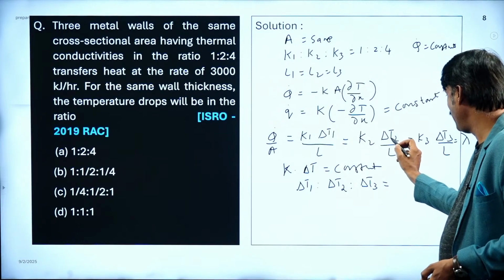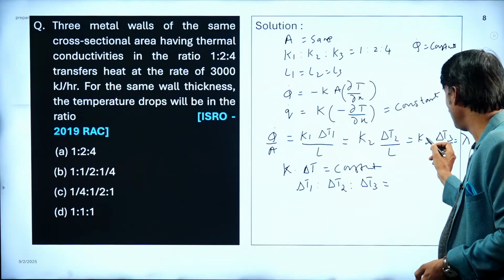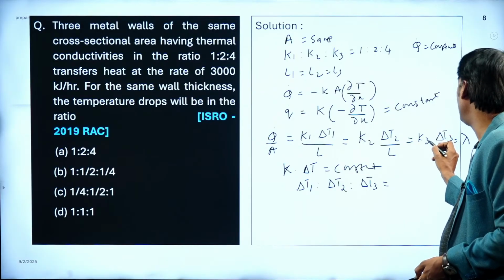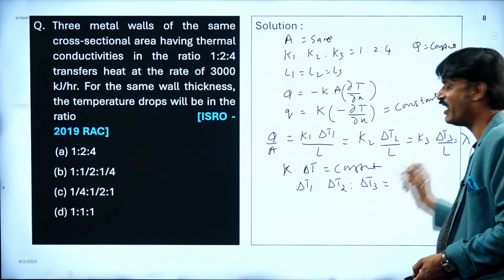Delta T2 is written as lambda divided by K2, and similarly delta T3 is written as lambda by K3.